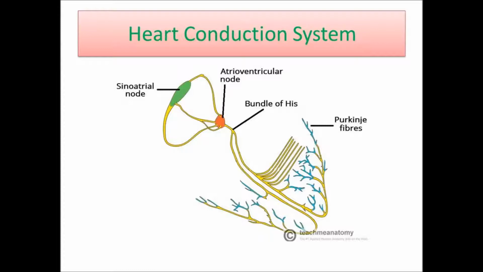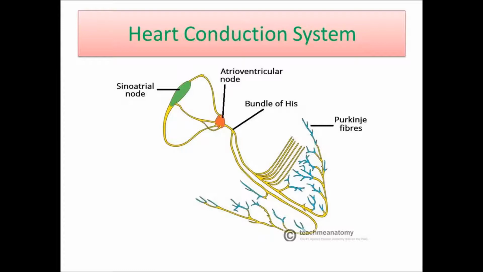So the left branch is more complicated than the right one, and then the wave will pass into tiny fibers known as the Purkinje fibers. Now, the electrical recording we see on the EKG represents this journey of the electrical wave from the SA node down to the Purkinje fibers, and then followed by relaxation of the ventricles.